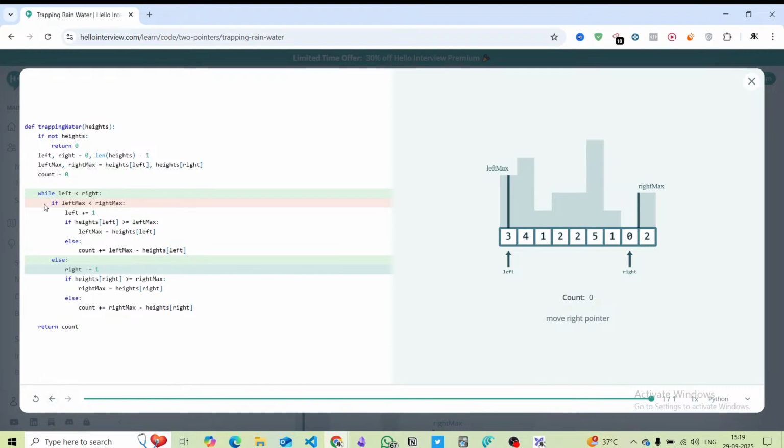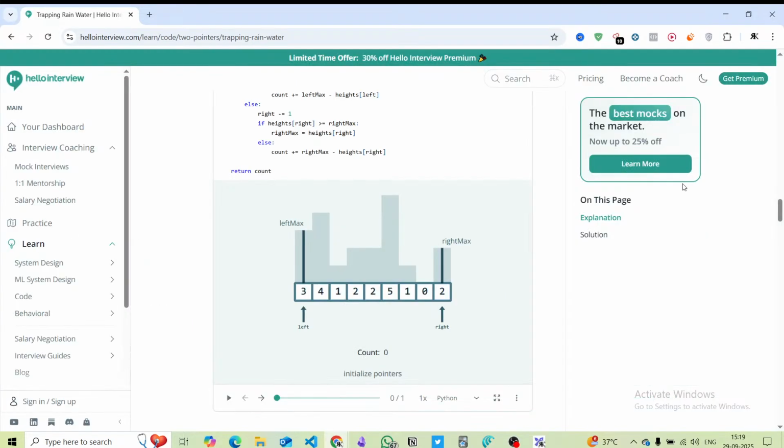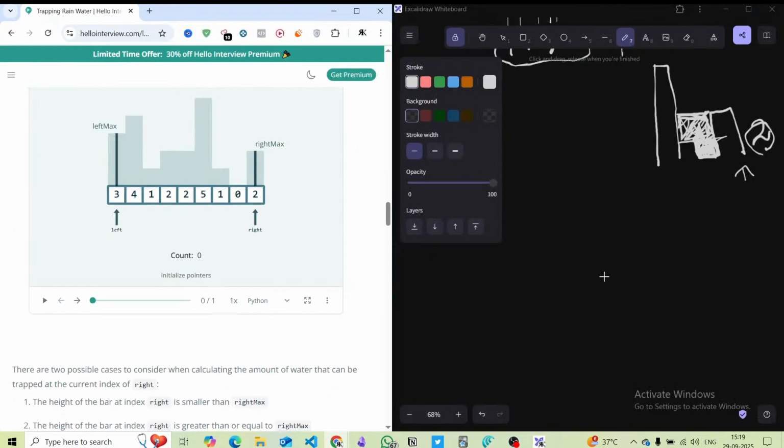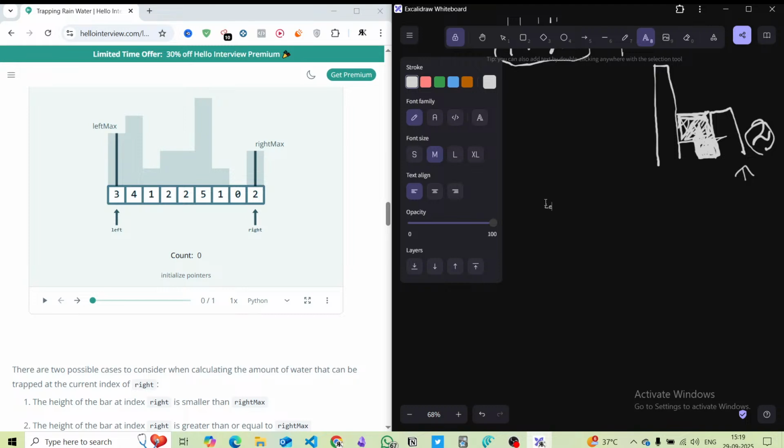With the use of a while loop, they first check the condition whether left max is less than right max. No, it's not, so they decrement the right. The first thing they did was initialize the left pointer, left max is zero, and right max to the length of the array minus one.